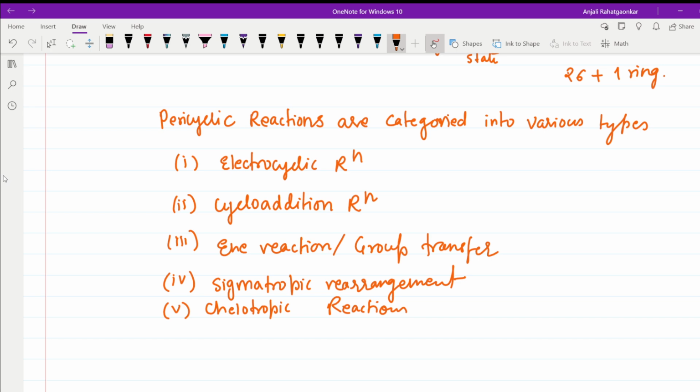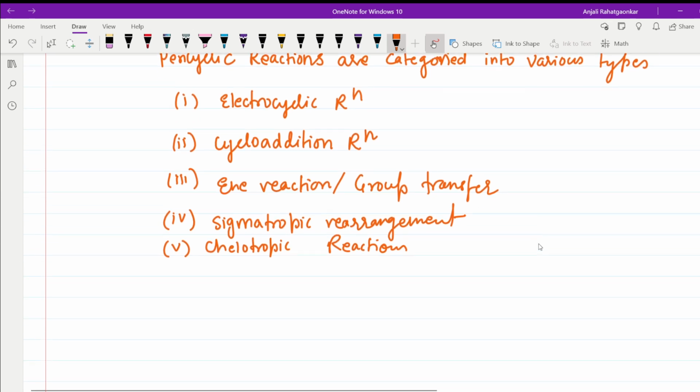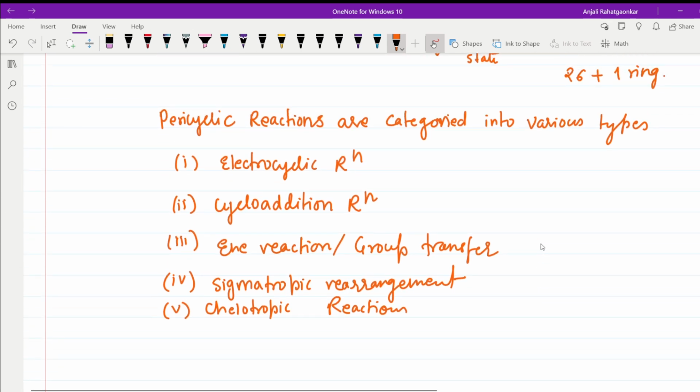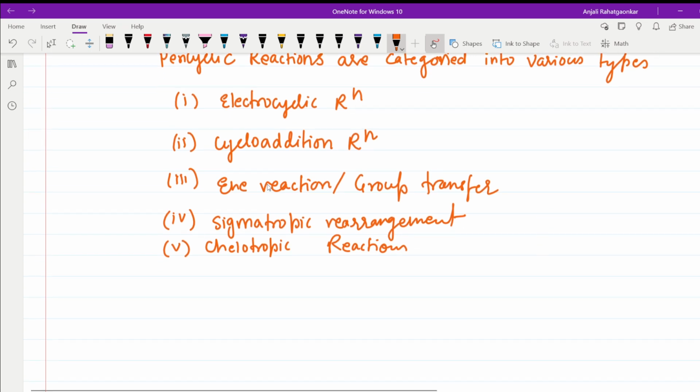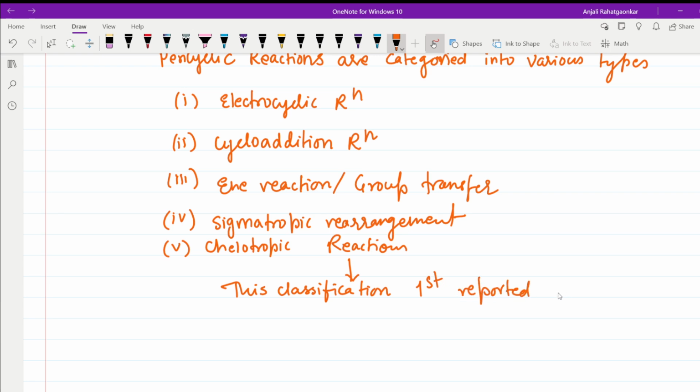Now it is very important to know who investigated or discovered all these reactions. This classification, this group of reactions, was first introduced or first reported in 1965.